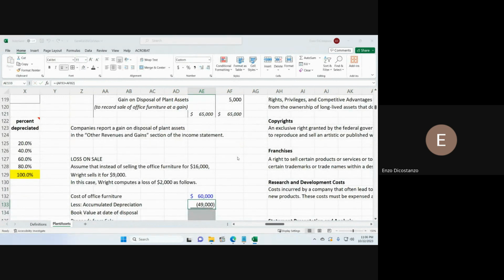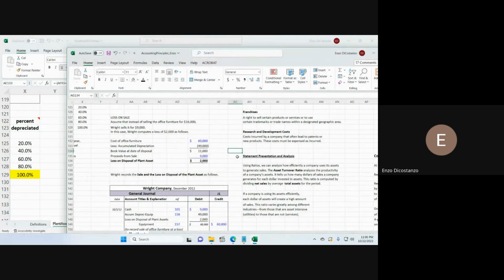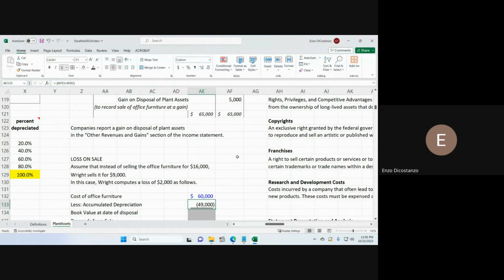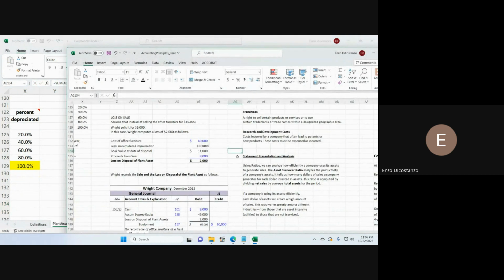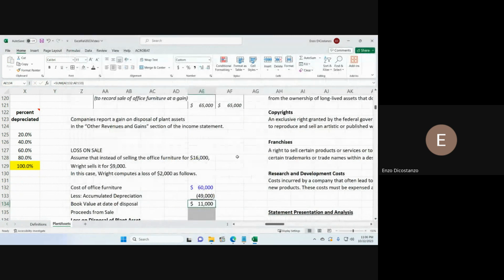Right, there's your 49. There's your 11. The book value at the disposal is 11.